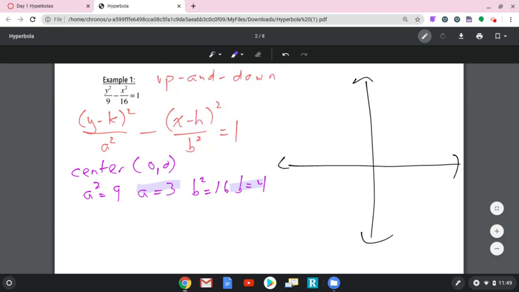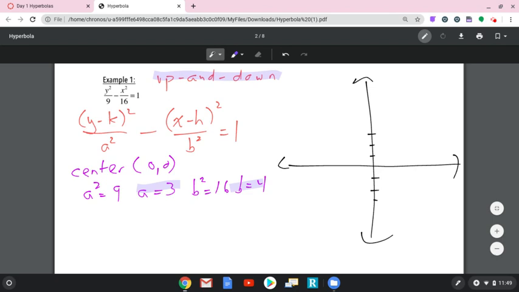How does it help me make my box? Well, A will always correspond with the direction in which I'm going. So I'm going up and down. That means I'm going to move 3 up: 1, 2, 3 up and 3 down.